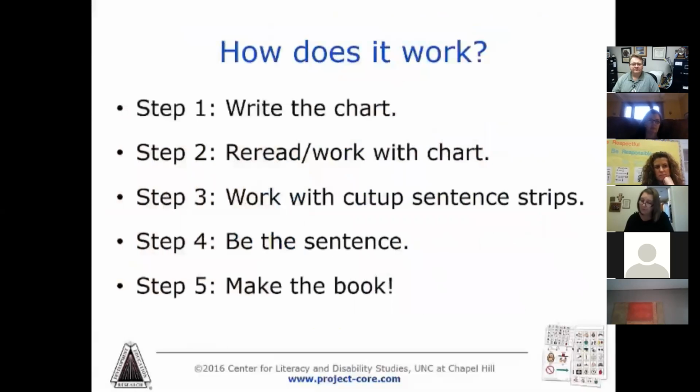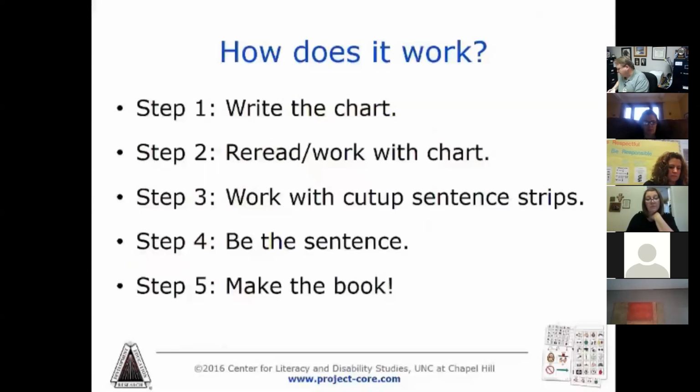Predictable chart writing has 5 steps. In step 1, the teacher and students work together to write the chart, with each student contributing at least one idea. In step 2, the group reads together, talks about the chart, and looks for specific elements. In step 3, students are given a sentence strip with the sentence they helped create written on it.